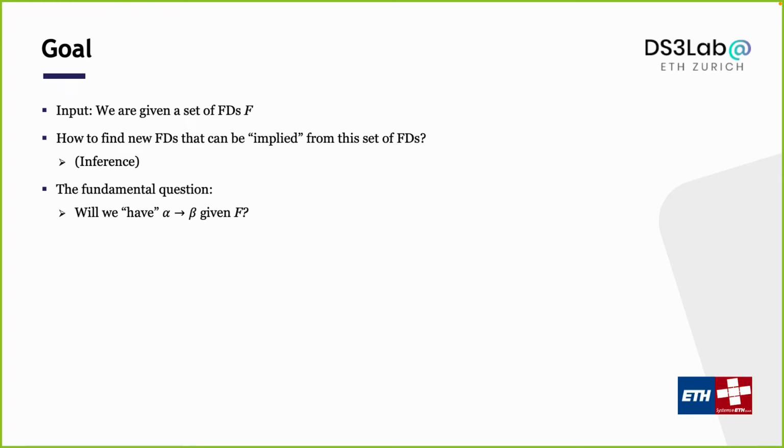So the fundamental question looks like this. If you give me a relation and you say, these are all the functional dependencies I know are going to hold, we want to say, if I give you a new functional dependency alpha to beta that's not in F, will that also hold given F? So if you think about why you want to do this, whenever you are drawing this ER diagram, you are defining a whole bunch of functional dependencies, right?